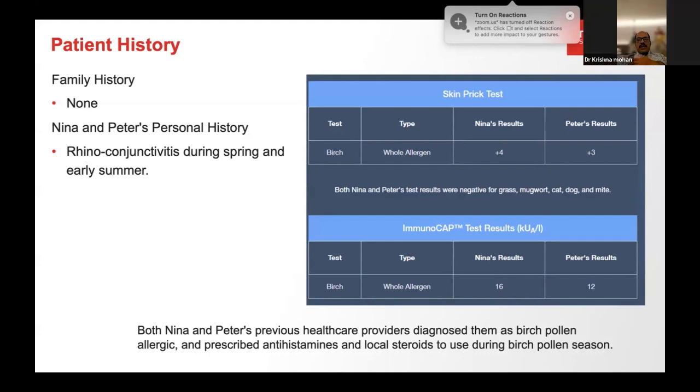So even in this case, we can see that SPT and CRD are not always concordant, because in the skin prick test we are using the whole allergen extract, whereas in CRD we are looking for the components. Some of the patients will have a positive SPT due to the cross-reactive components. Just now, Dr. Vikram told about the cross-reactive components like profilins and polcalcins. So the test may be positive due to the cross-reactive components present in the extract.